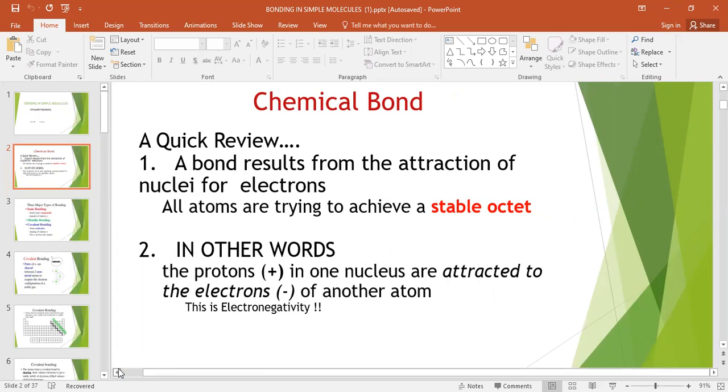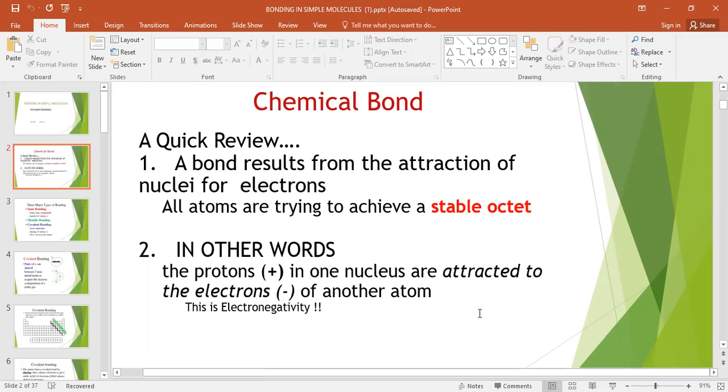But we will now study how a covalent bond forms. In other words, how do you define the covalent bond? The protons in one atom's nucleus are attracted to the electrons of another atom. Suppose you have one atom here, this is only the nucleus, and another atom where there is the electron, e negative.